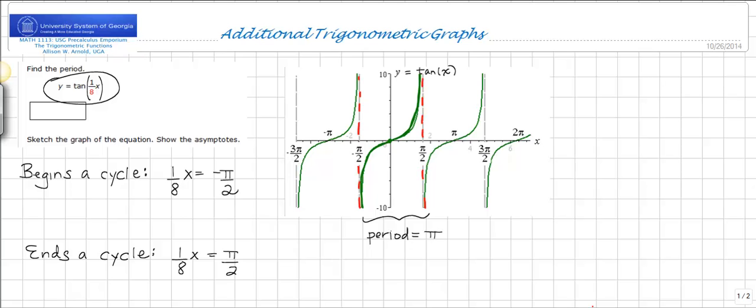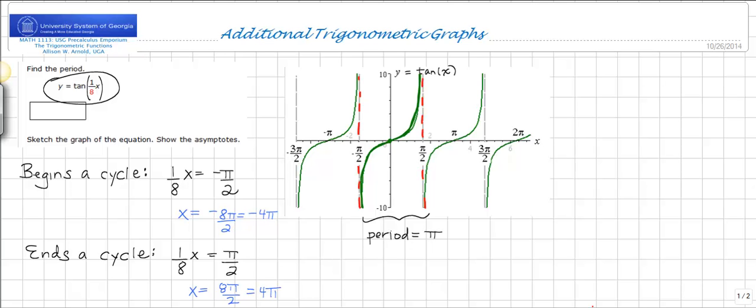Now in each case, if I solve for x, I would multiply both sides by 8. And we would see a new cycle beginning at negative 4 pi. Likewise, we'd see a new cycle beginning at positive 4 pi.